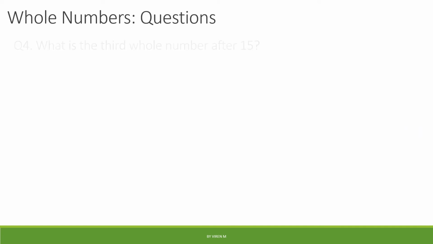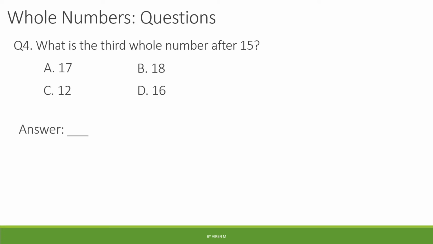Now the next question. What is the third whole number after 15? The options are A 17, B 18, C 12, and D 16. I'll pause for a few seconds so that you can try giving the answer.